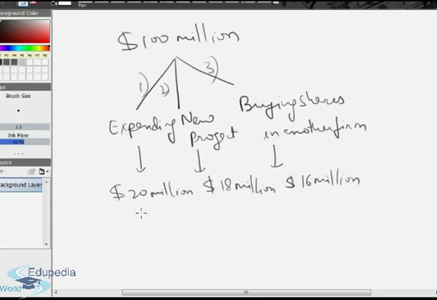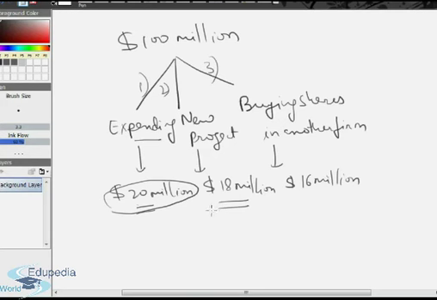Thus, being a profit maximizing manager, I will go for the first alternative, that is expanding the size of the firm, and I will get a return of $20 million. Now the second best use of these resources of 100 million was investing in a new project, and I was getting a return of $18 million.